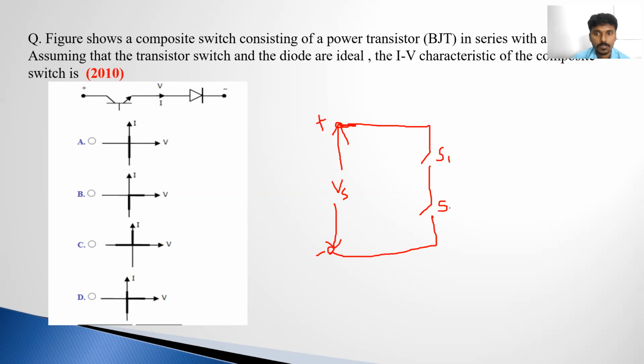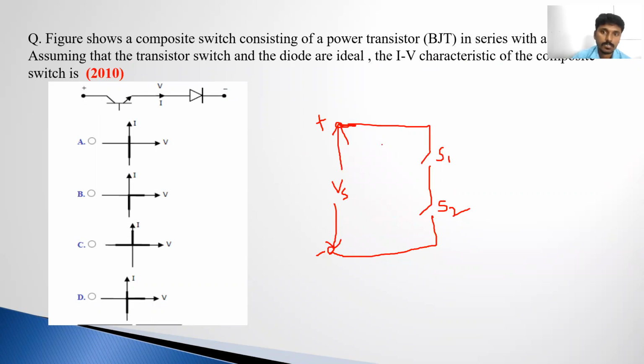S1 and S2: S1 is nothing but the BJT, S2 is nothing but the diode. So what is the question? Assuming that the transistor switch and diode are ideal, what will be the VI characteristics of these switches?